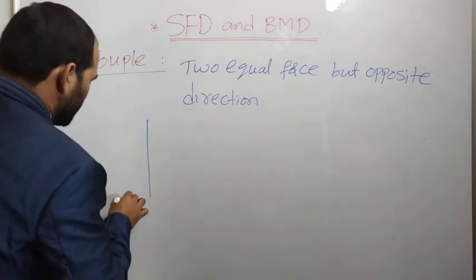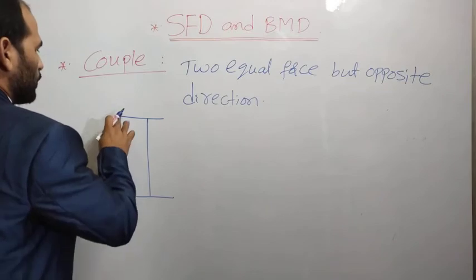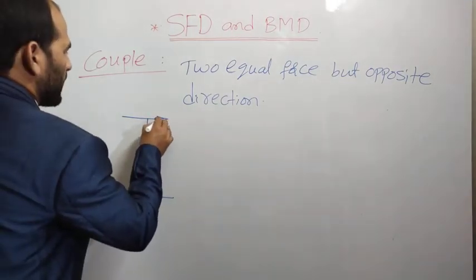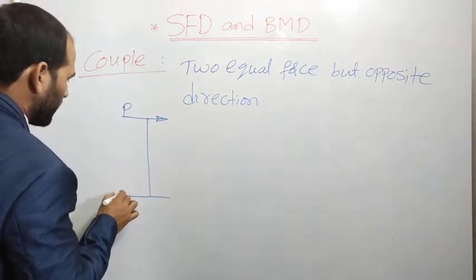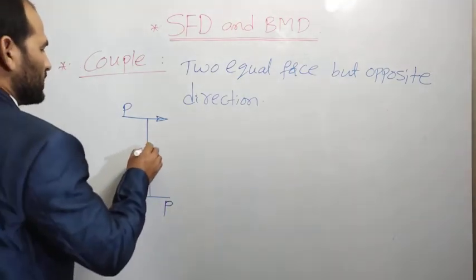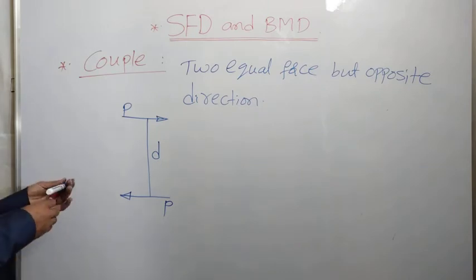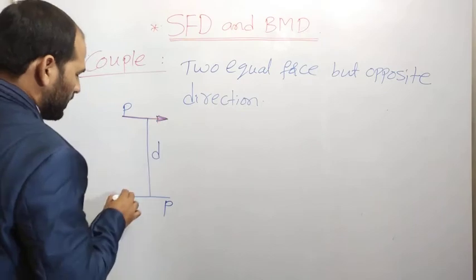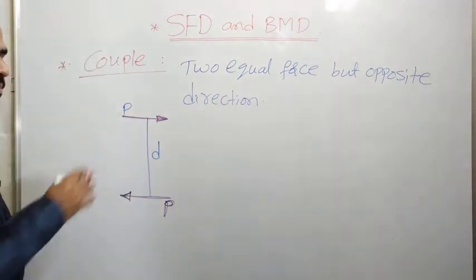For example, this is the member. On this member, two loads are acting. This load is acting in this direction, this is P, and this load is acting in the opposite direction, and this is P, and this is the distance D. The same force P, but the direction is opposite.